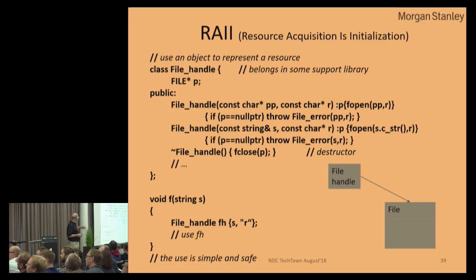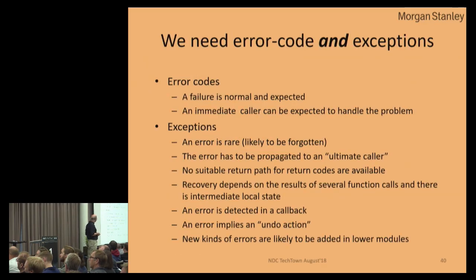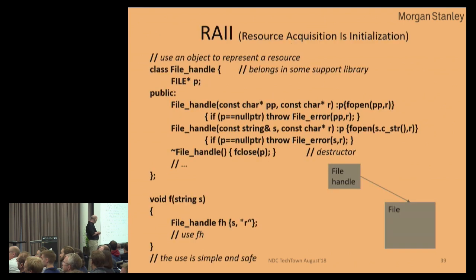And however you get out of that block, you get the file closed, and that's simple and safe, and it's pervasive in the C++ standard library, has been for 20 years and so. And there are still people who don't want to use it because they say usually that exceptions are evil or something like that.